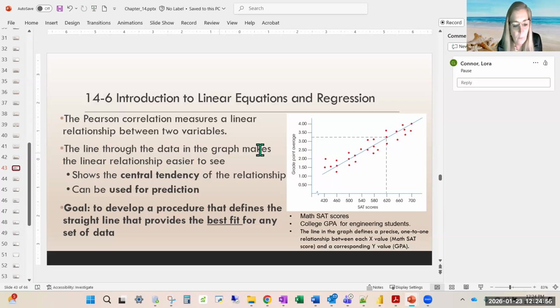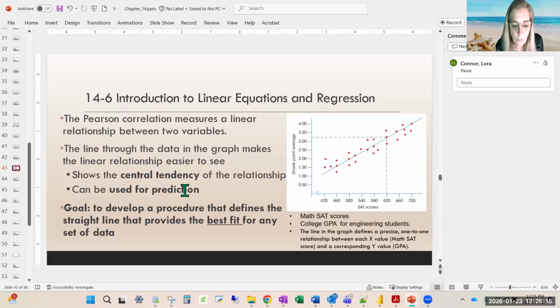The line through the data in the graph makes the linear relationship easier to see or visualize, and it shows the central tendency of the relationship. So it's almost like defining the mean between all of these plotted scores.